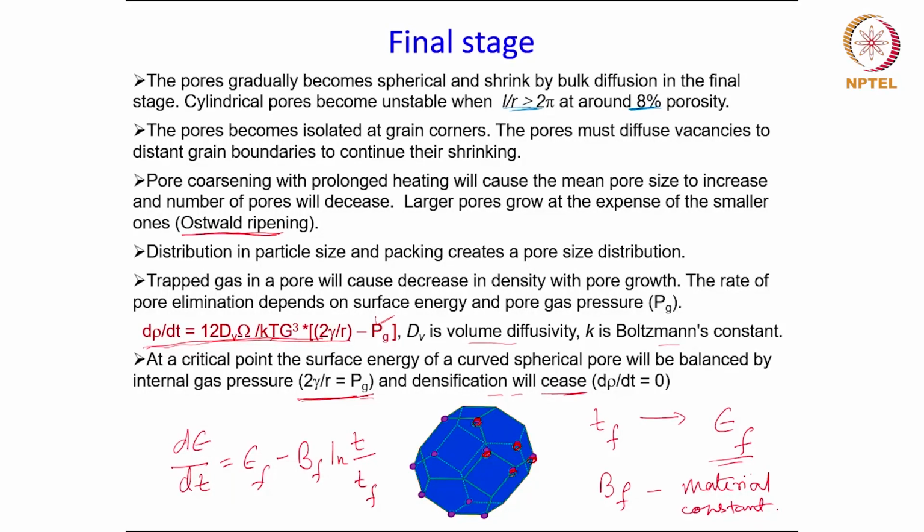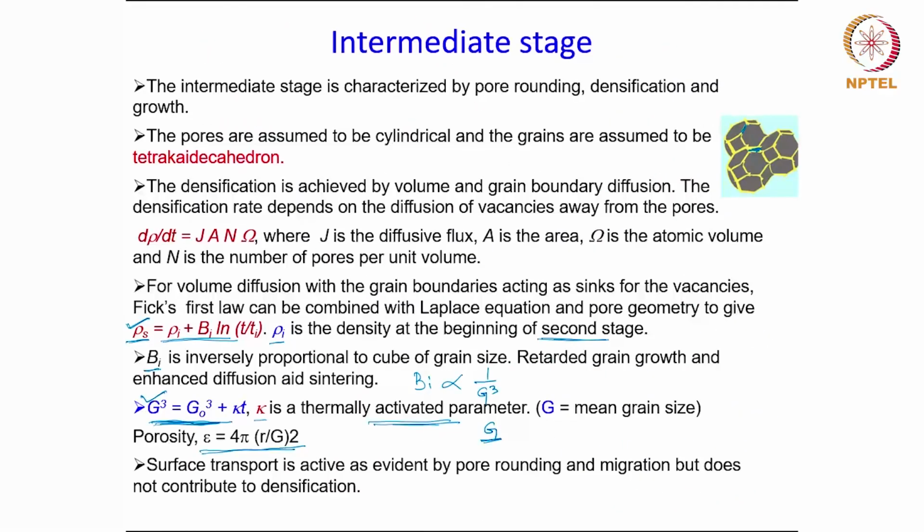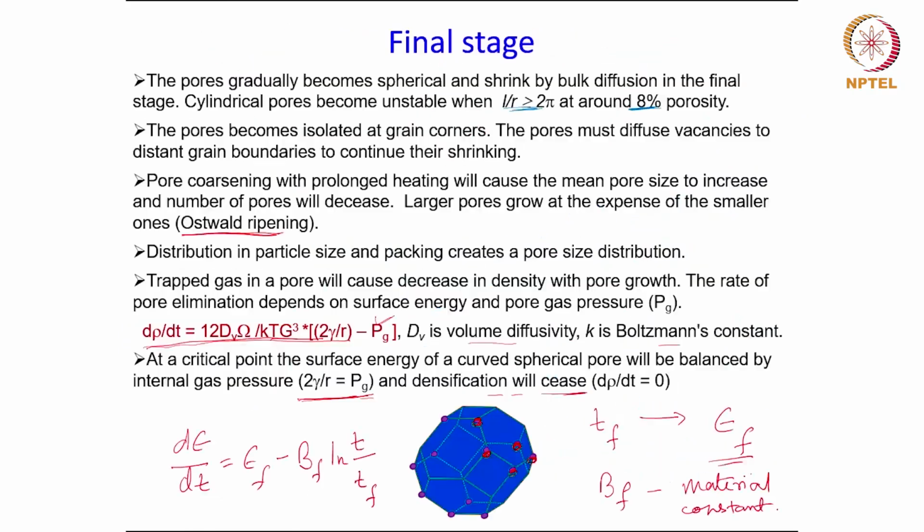Now the final stage of sintering starts when the cylindrical pores become unstable, and for a geometry like the one that we had here, where the cylindrical pores are lying along the grain edges, that corresponds to a remaining porosity of about 8%.